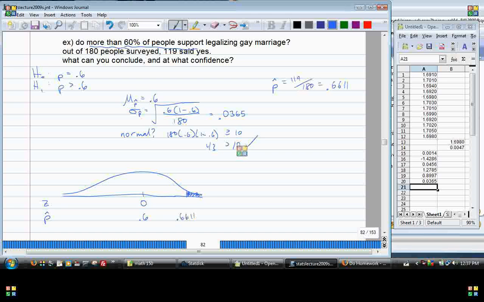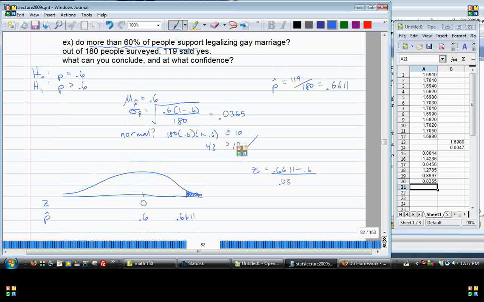Now what do we do? Find the z-score. Okay. So z equals what? How do we set it up? 0.6611 minus 0.6 divided by 0.0365. Right.